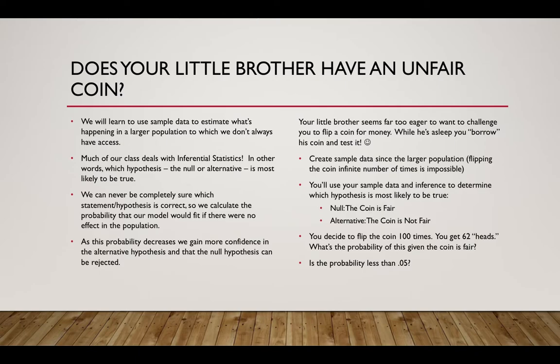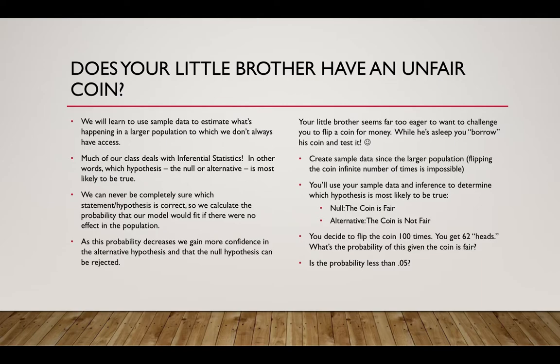So what you would do is probably create some sample data, sit and flip a coin, record each head, record each tail, and you would generalize from your coin flipping what may happen if you were going to flip the coin an infinite number of times. So you would use your sample data.